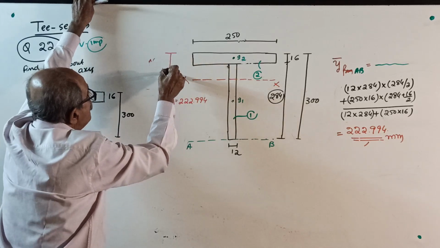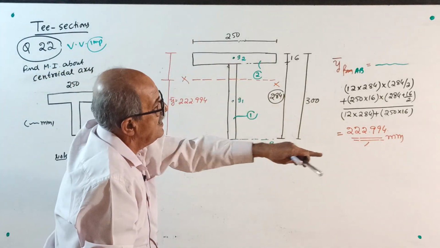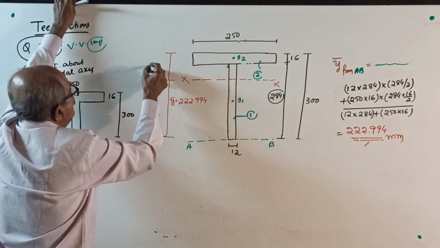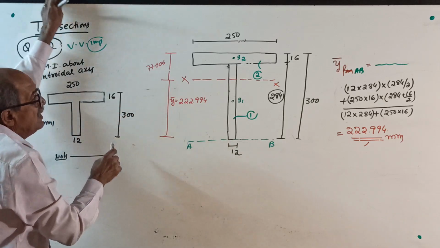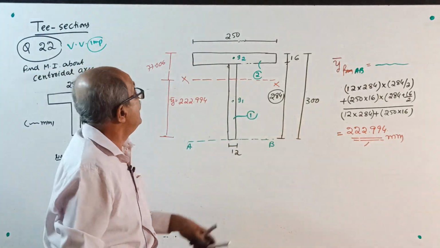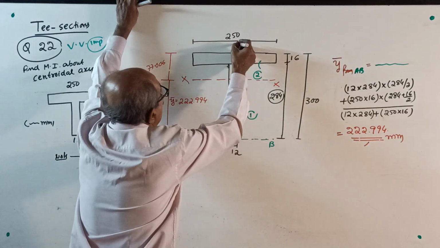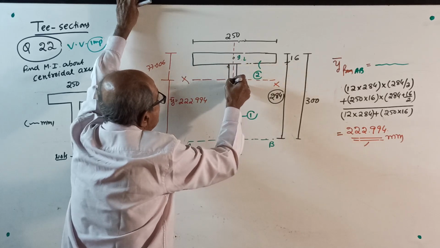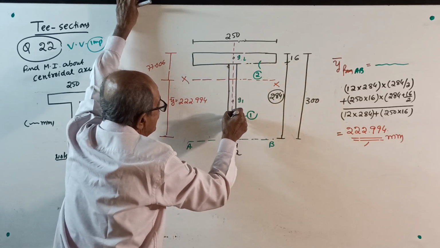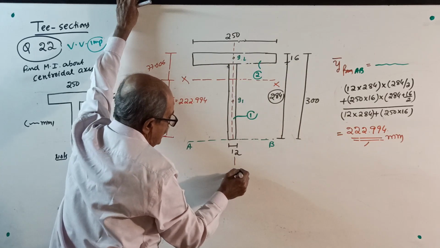Therefore, from the top you calculate, I already noted down there, 77.006. See, this time, total 300 is given, so you have to calculate this. And Xx marked, Yy directly marked through centroid. See, symmetry axis, no location, jump, Yy.